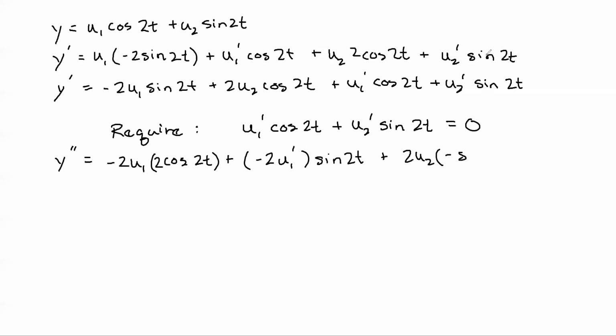And we're going to have the same thing here. So negative 2 sine 2t, and then plus 2 u2 prime times cosine 2t.